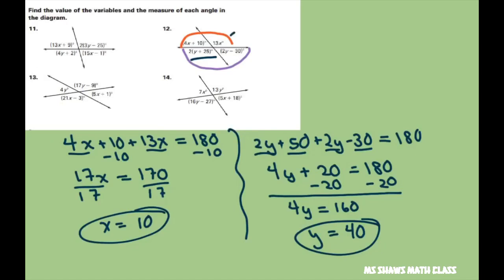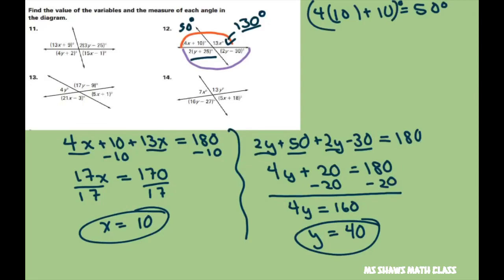So for x, I'll just plug in 10 here. So this should be 130. And if this is 130, and these are supplementary angles, then this should be 50. You can do 10 times 4 plus 10, which also gives you 50. So that'd be 50 degrees if you do that.